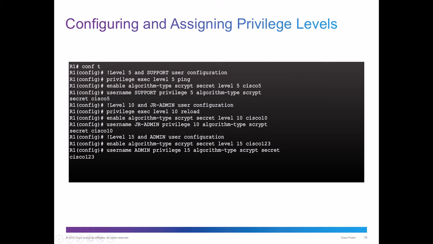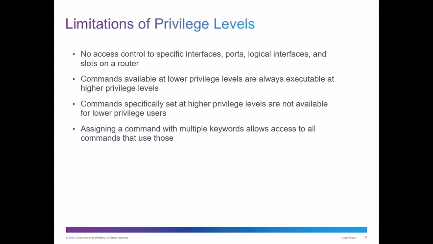And the admin has level 15, so he'll be able to use whatever commands were included in level 10 and in level 5. The higher the level, you inherit all the utilities and the commands in the lower levels. Okay? All right, moving on.